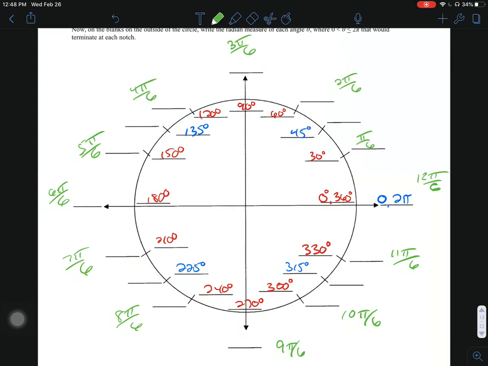If I didn't write it on the blank, oh well, I should have written some of these on the blank. I intentionally didn't write some of those on the blank because they're going to reduce.